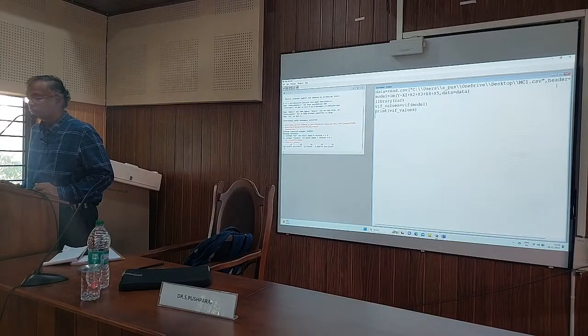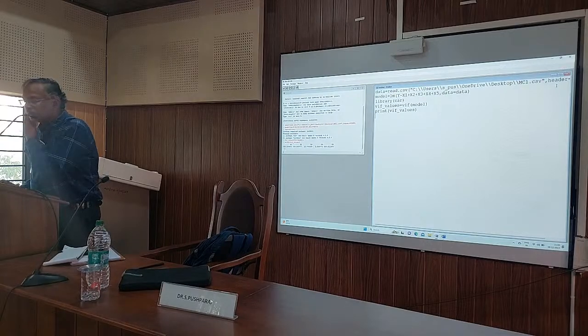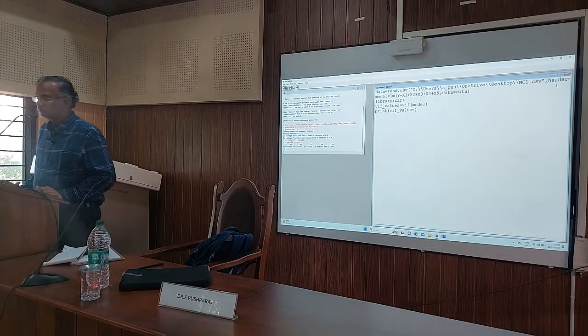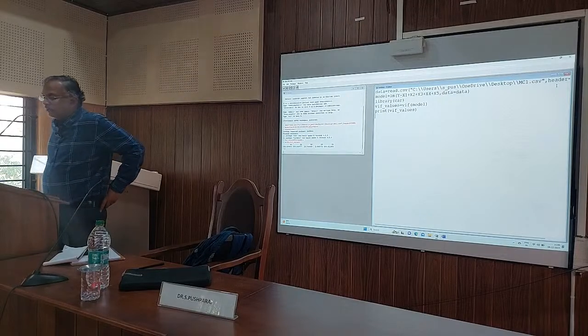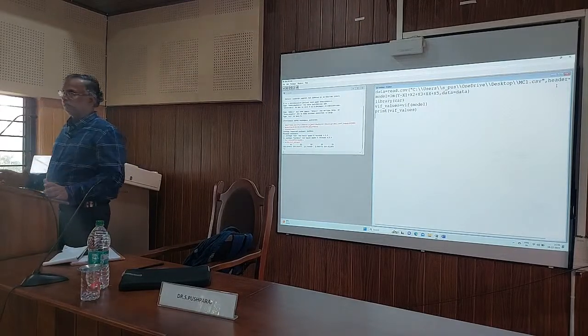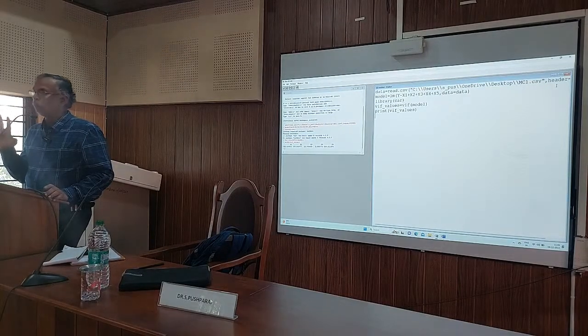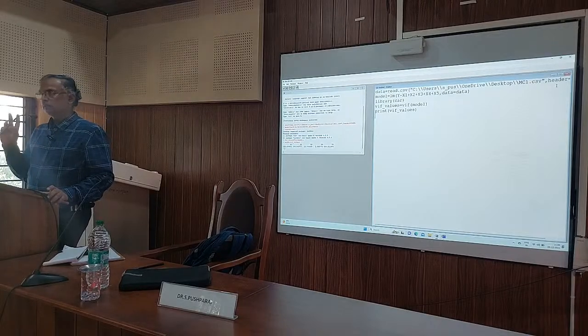So in this case, except x4, all the remaining are very high. x1, x2, and to an extent x3 and x5. So we can run the regression. Actually, the serious problem is lying with 2, 5, and 1.